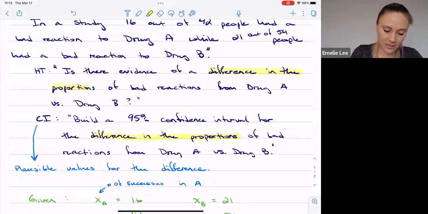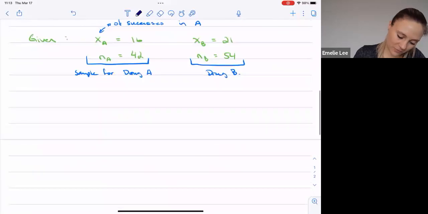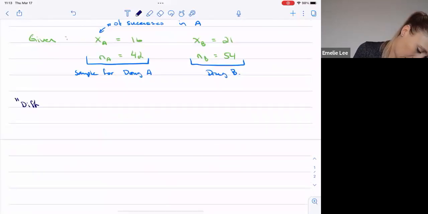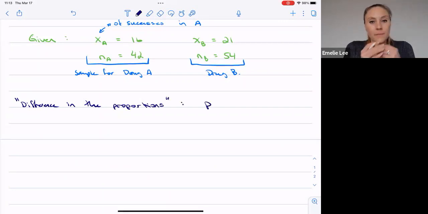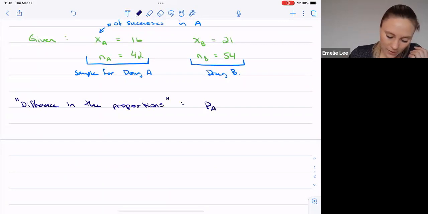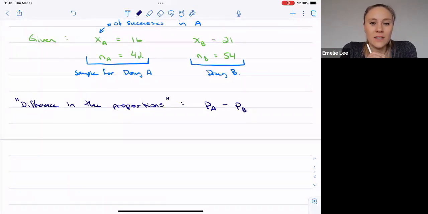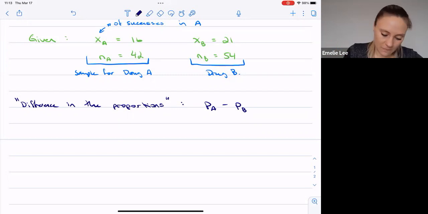That parameter, the difference in the proportions, is going to be the population proportion of A versus B. Now, it doesn't matter what order you do those in, as long as you're consistent.